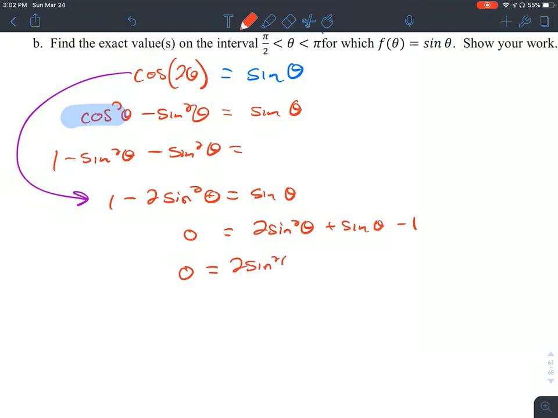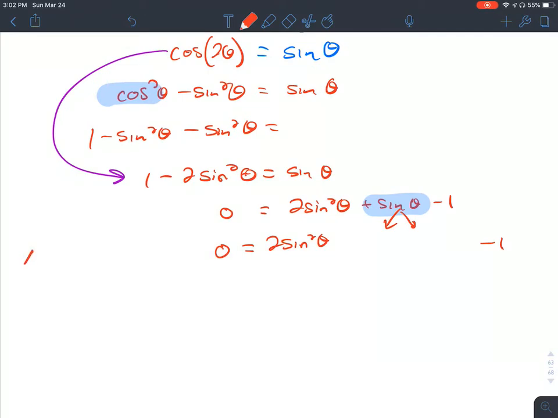So I'm going to split the middle term for this and factor by grouping. To do that, I need two things that multiply to get negative 2 times sine squared of theta. That comes from multiplying these two fellows together.